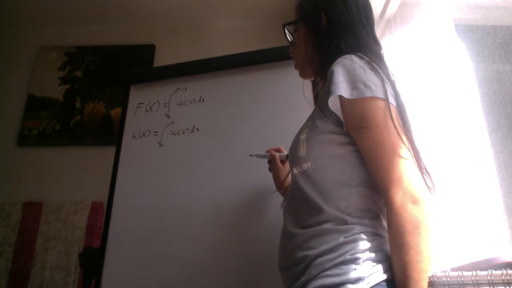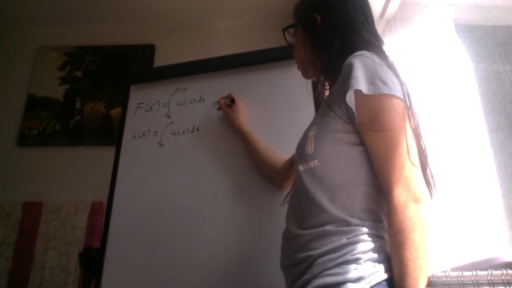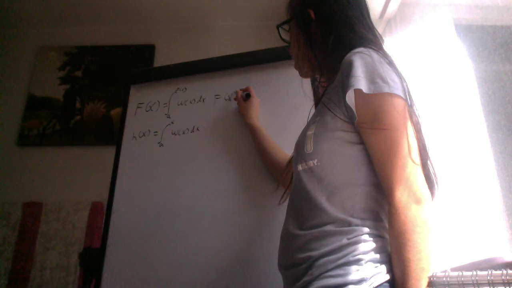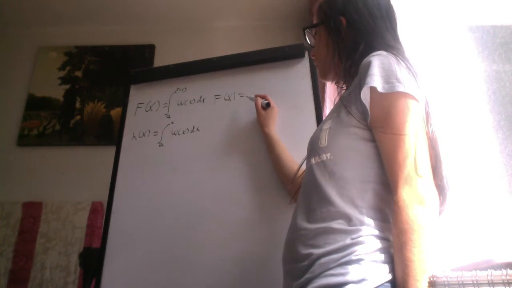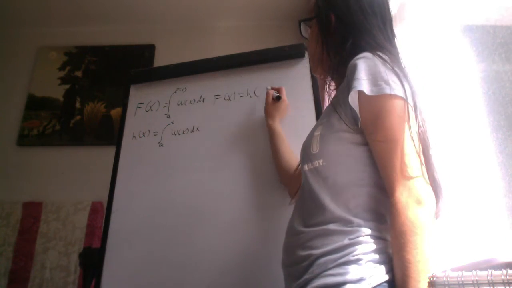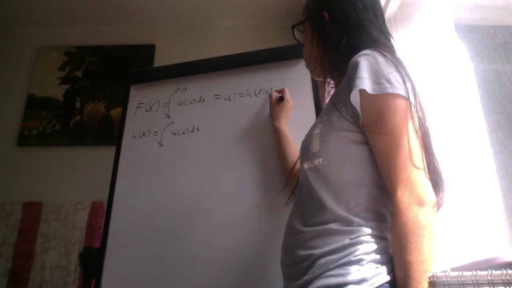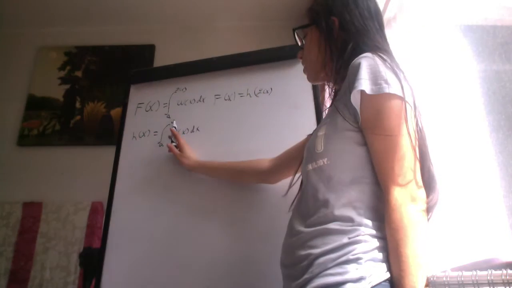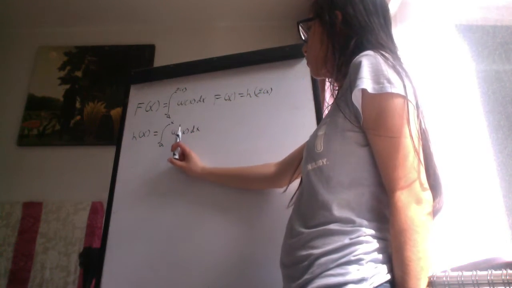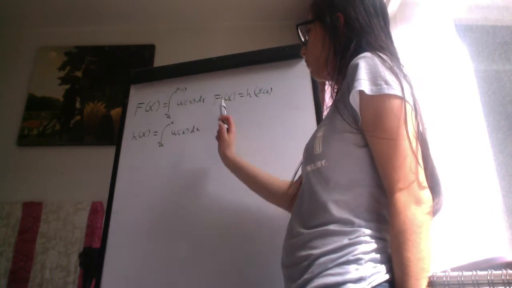And here is g of x. So f of x is equal to h of g of x. That means that whenever we see an x here, we substitute it with g of x.